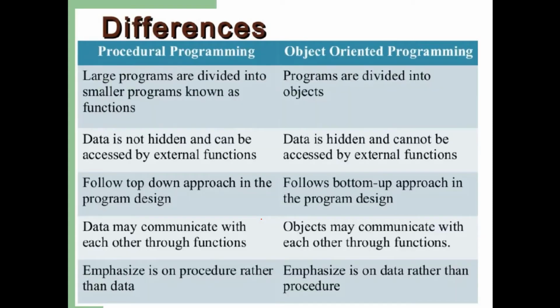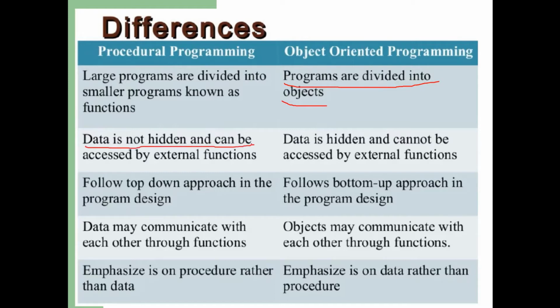Now we'll see some differences between procedural-oriented programming and object-oriented programming. In procedural-oriented programming, large programs are divided into smaller programs known as functions. In object-oriented programming, programs are divided into objects, because we need to create objects, and objects are used to call the member functions.